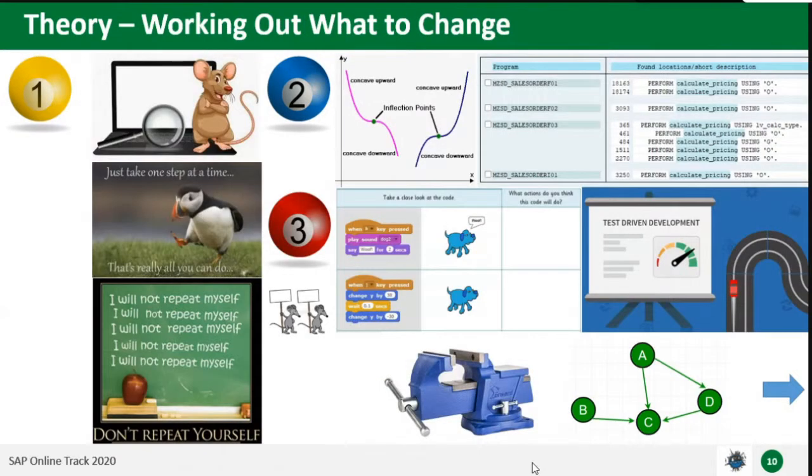Oh well, never mind. The work I did then wasn't wasted because I'd worked out how to apply those principles in ABAP. His theories basically start with the requirement you have. And obviously you've got to work out what to change. You might have 20 million requirements, but of course you do them one tiny bit at a time. Then you've got to work out, what is it I'm actually going to change?